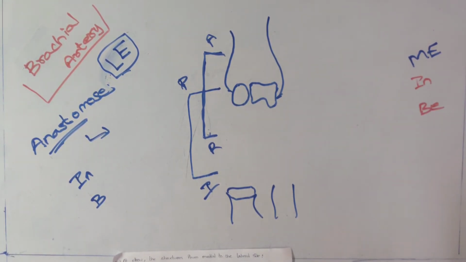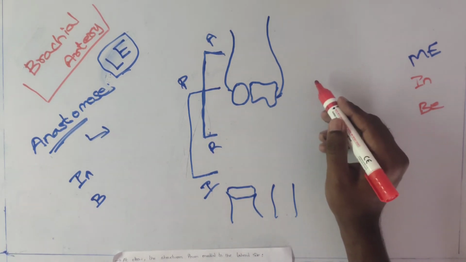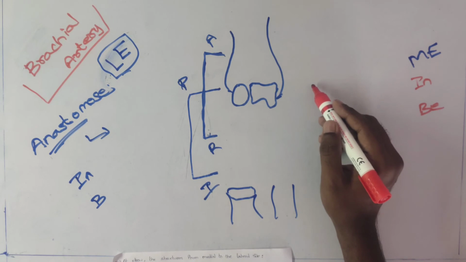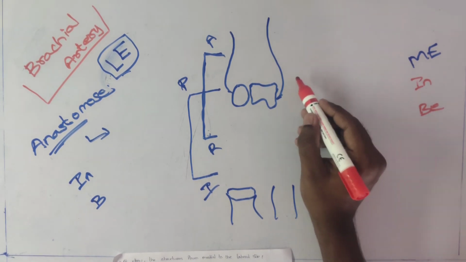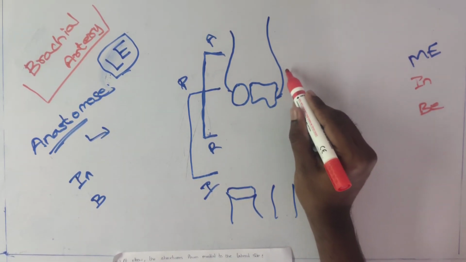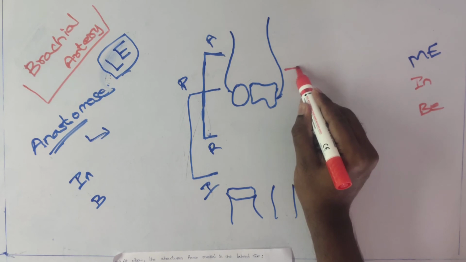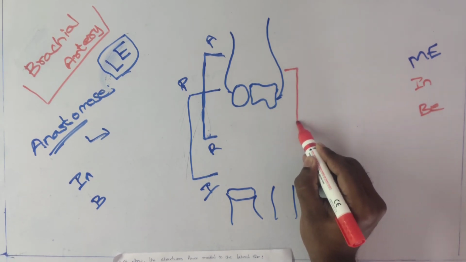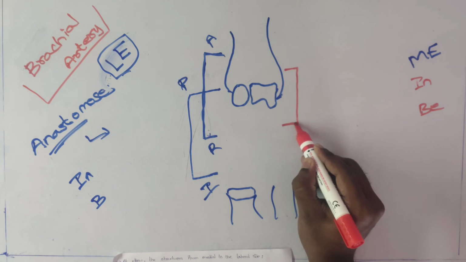In front of the medial epicondyle, the inferior ulnar collateral branch of the brachial artery, inferior meaning at the lower side, anastomoses with the anterior ulnar recurrent artery.